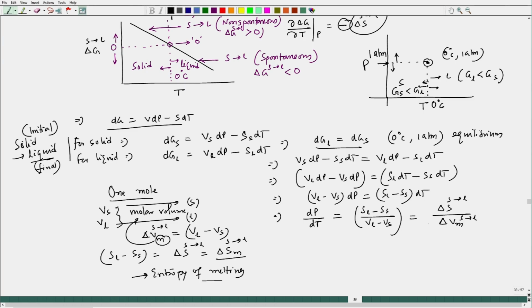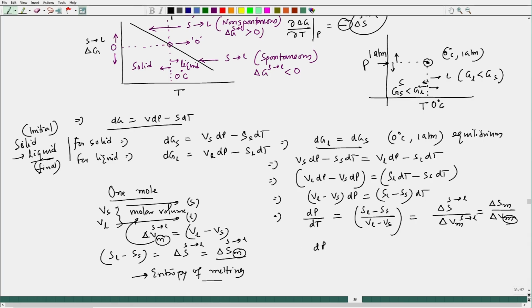Now, then I can write this one as delta S m by delta V m. Here m means melting, and here m means molar volume. Okay.